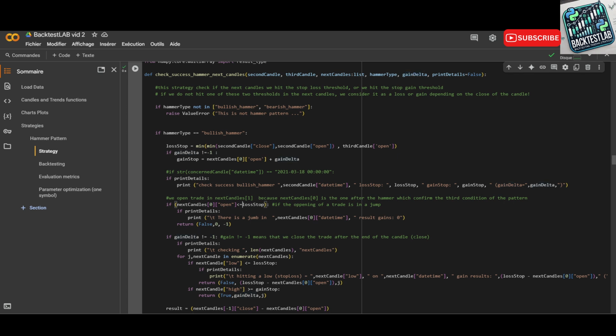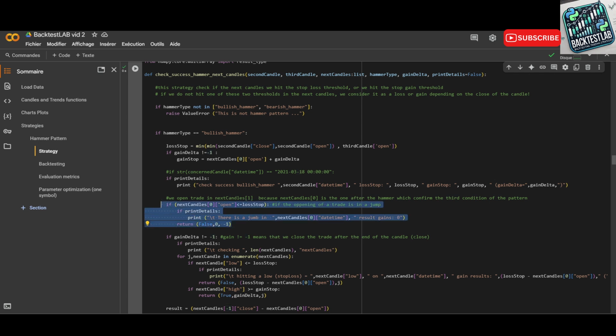So once we hit a stop loss or a stop gain, this is what we are going to return. We are going to say if our trade succeeded or not, how much money we gained or lost, and in which specific candle we got out.